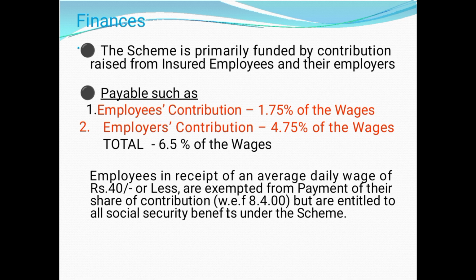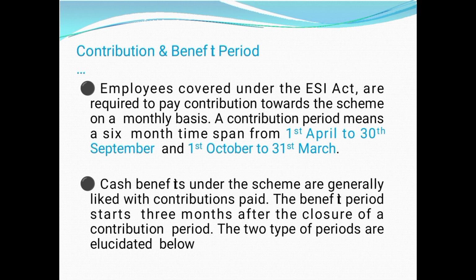Employees in receipt of an average daily wage of 40 rupees or less are exempted from payment of their share of contribution but are entitled to all social security benefits under the scheme.